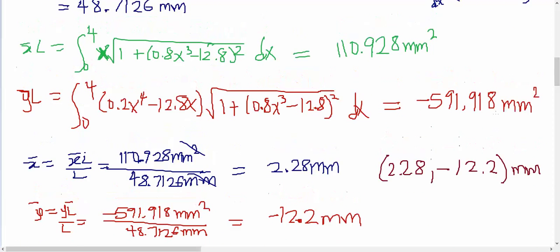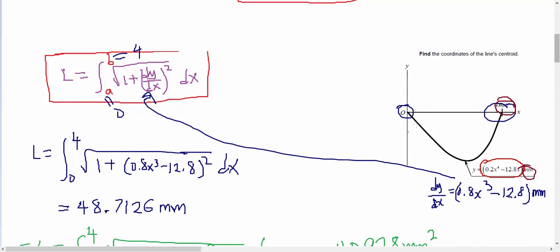Well, this is 2.28, so if you know from here to here is 4, the midpoint would be about 2, and 2.28 will be really close to that. But we don't have any y values, so let's just assume the centroid will be around here. Coordinates.